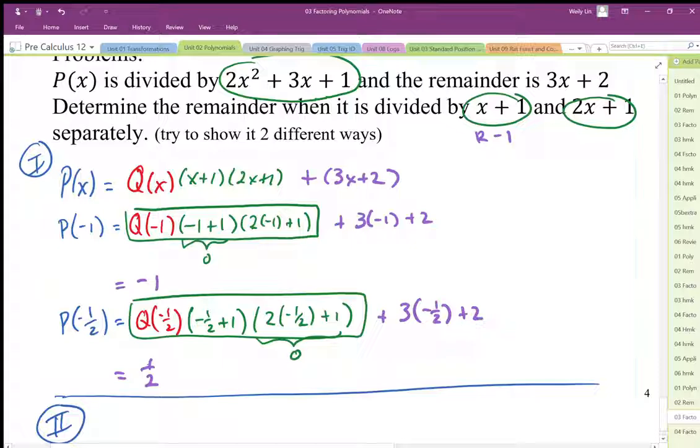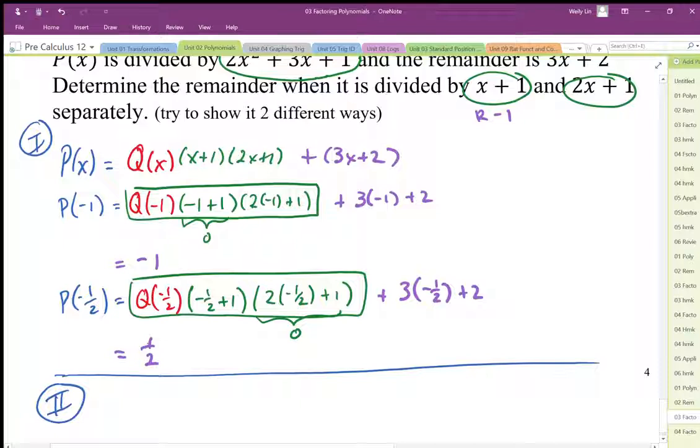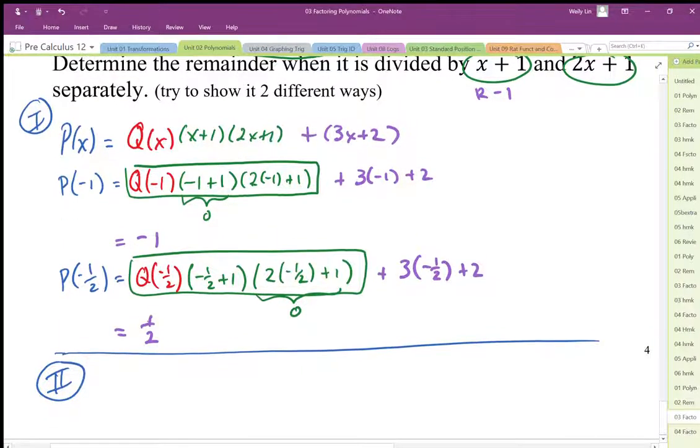So if I wanted to get the remainder, I can just divide one of these factors into the 3x plus 2. I'll show you what this looks like. We can rewrite this using an alternative form of the division statement. It's going to look like this: q of x, again unknown, q of x times, and I'm going to divide by x plus 1.